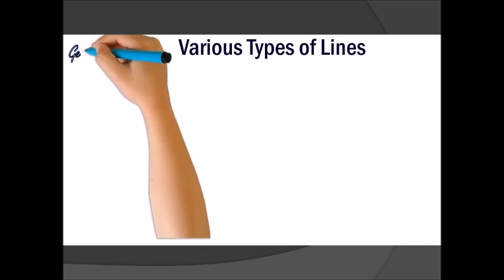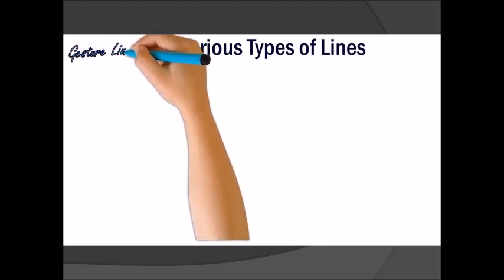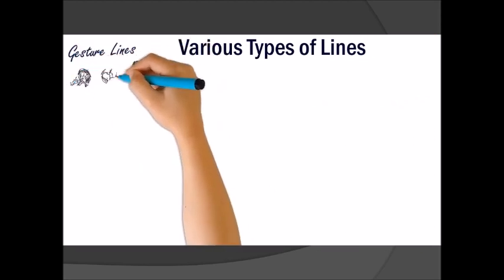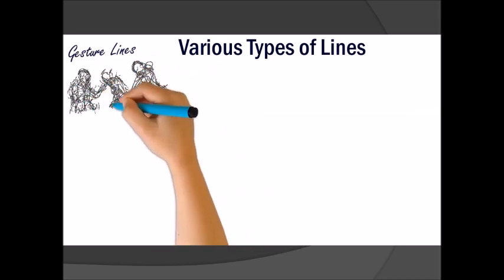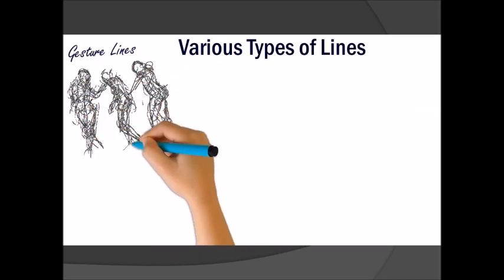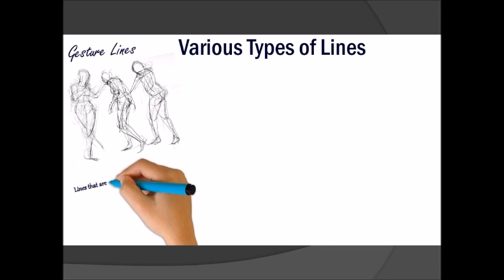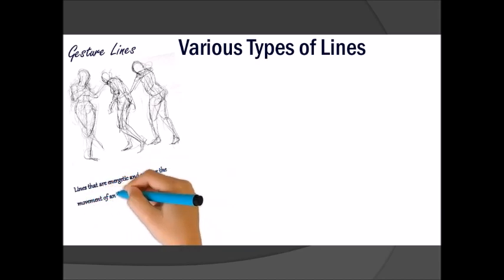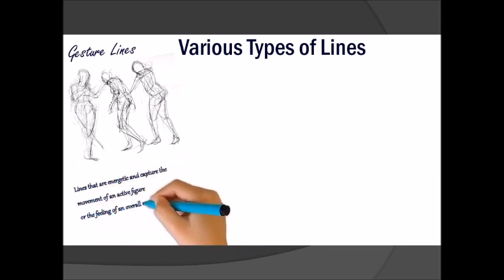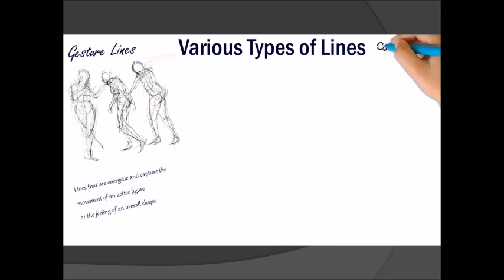Here's some various types of lines. Gesture lines. These are energetic and capture the movement of an active figure. Contour lines.